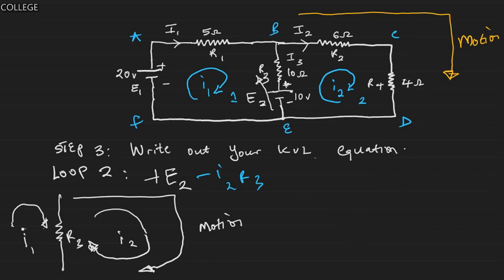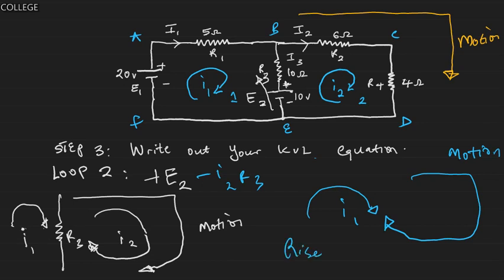But in the second case, when we consider mesh current I1, the direction of motion in loop 2 is opposite to the direction of current in mesh 1. So we have a rise in potential, and we have plus I1 R3.